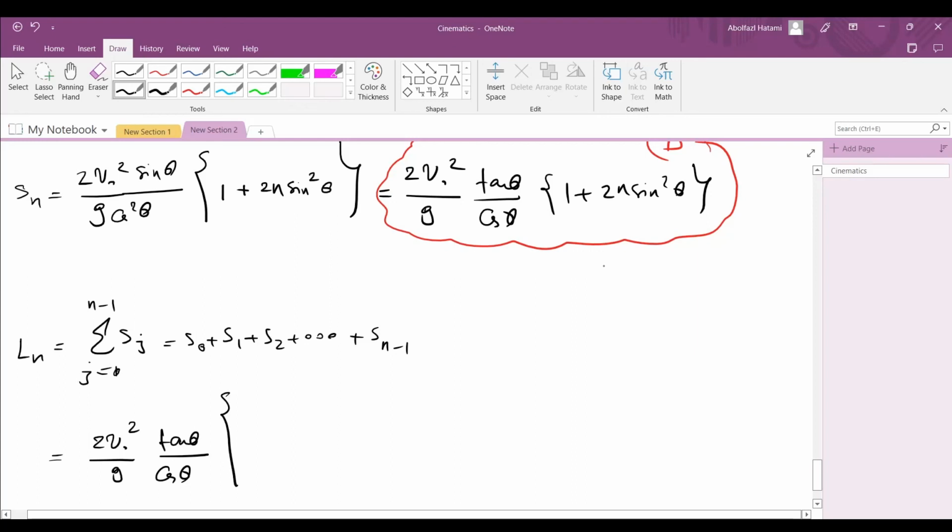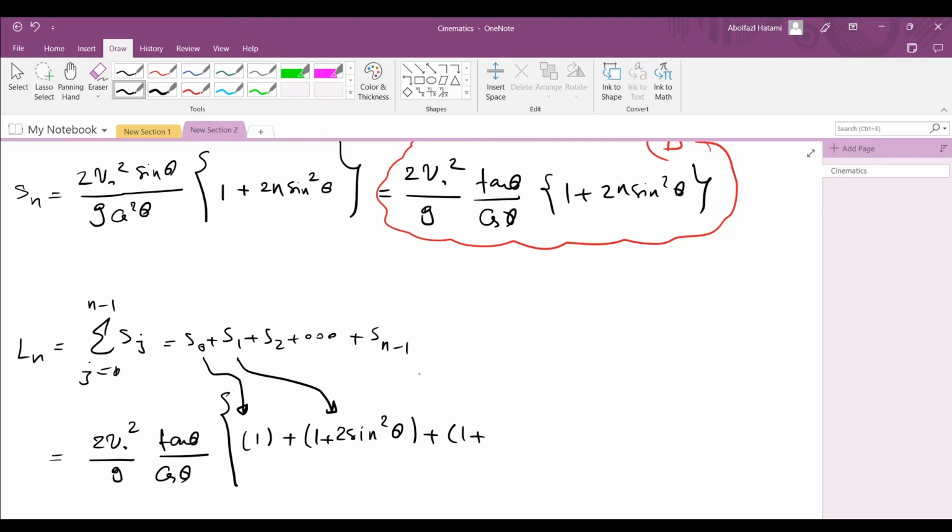For S0, let us substitute here, with 0 it's just 1. For S1 it is 1 plus 2 sine squared. For S2 it is 1 plus 4 sine squared, and for the n minus 1 term it is 1 plus 2 times n minus 1, sine squared.